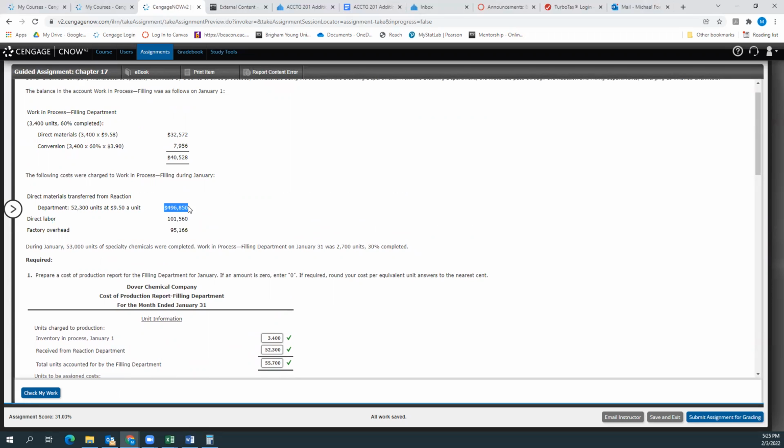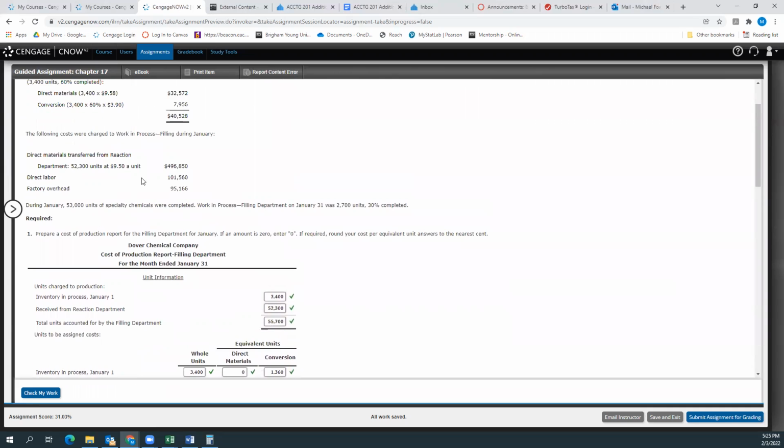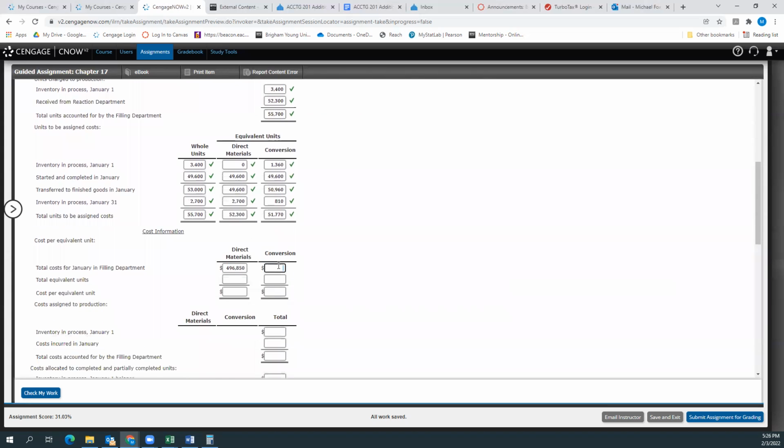So the direct materials cost was $496,850. And the conversion costs right here, $101,560 for direct labor and $95,166 for factory overhead. So if we add those two together, we get $196,726, and that is our total conversion costs for January.